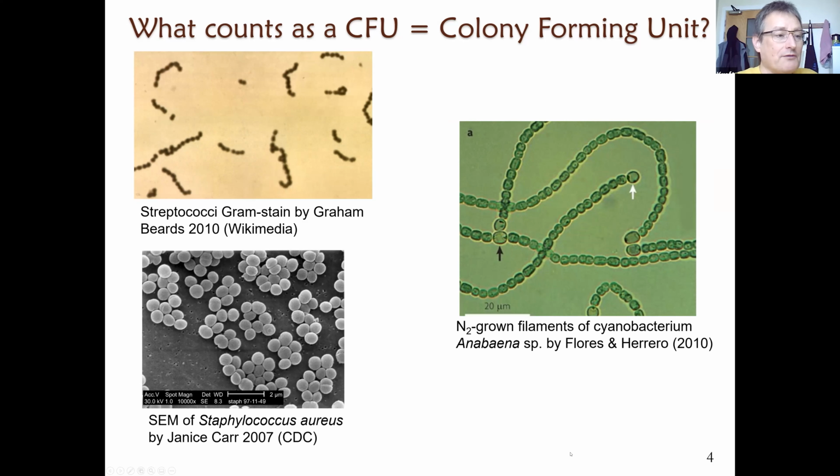So we have to remember when we are counting colonies that these can represent just a single cell that has grown into a colony, or many different cells that have grown into a colony.